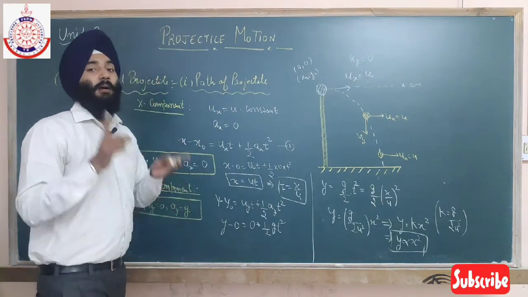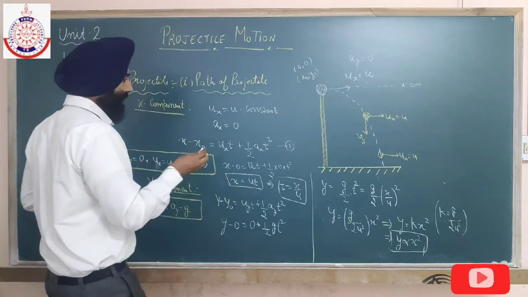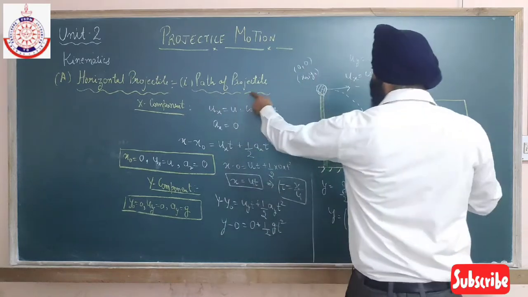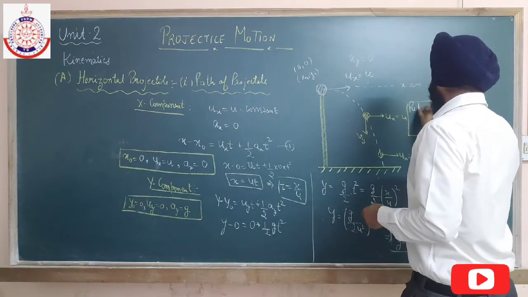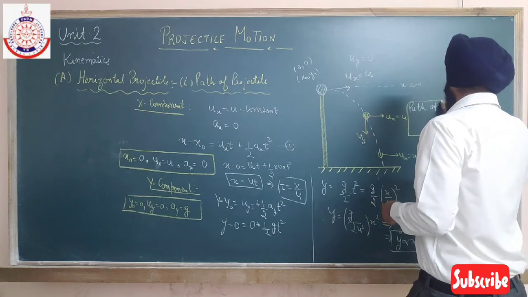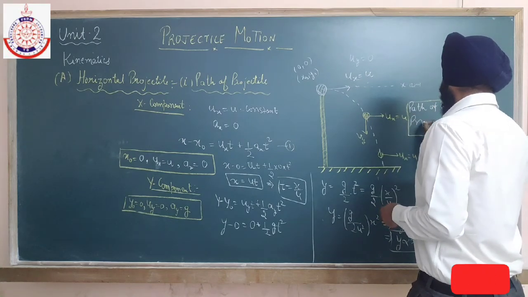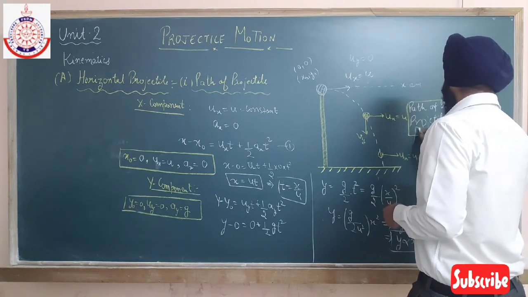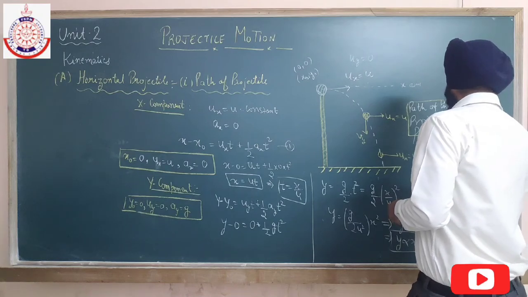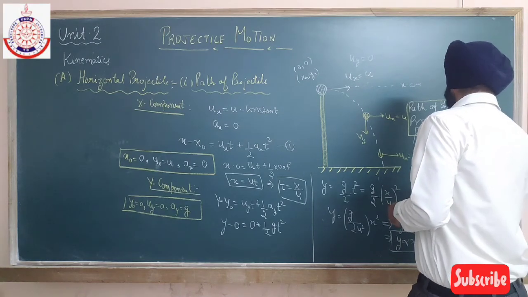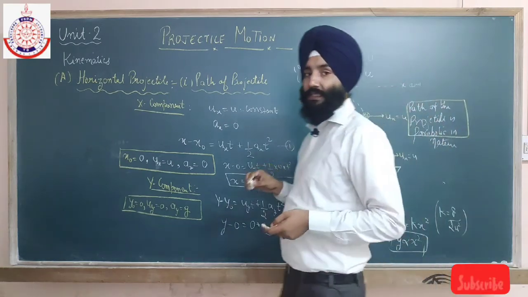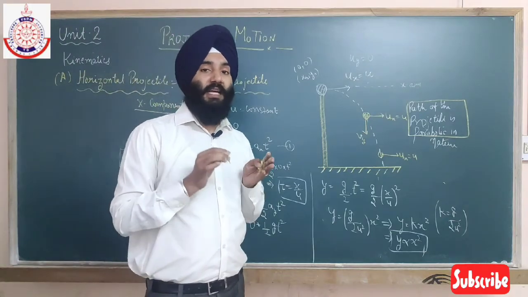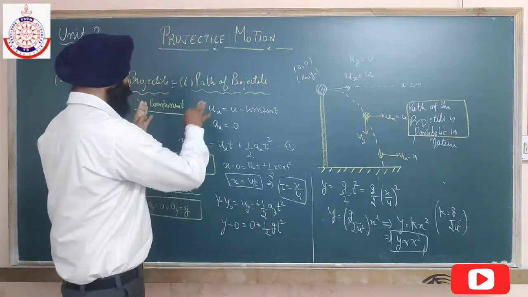I am writing it here. ठीक है? So in CBSE बच्चे, in a question they will simply ask, show that the path of projectile is parabolic in nature. So you have to show it like this only.